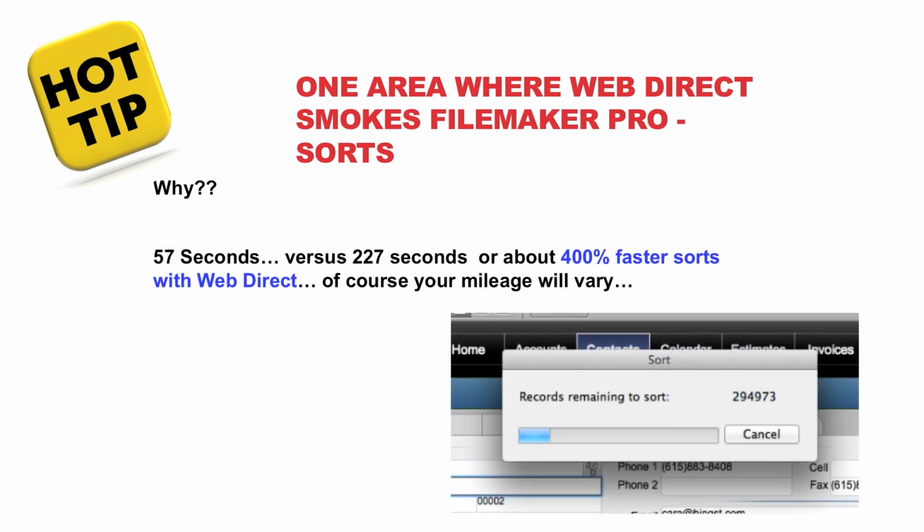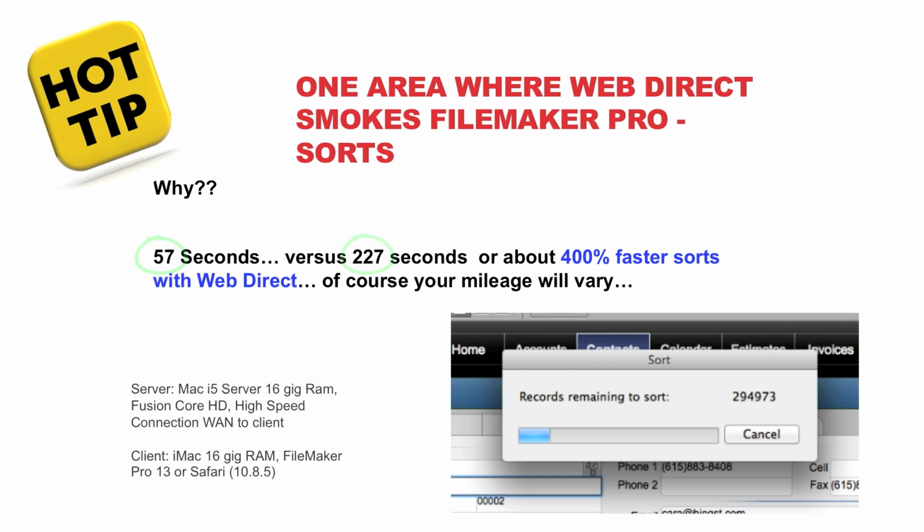So as you can see from this test, we had about 350,000 records, and WebDirect performed the sort in about 57 seconds, as opposed to 225 seconds in FileMaker Pro. Now we have the machine information down below if you're interested, but that makes FileMaker Pro sorts about 400% slower than WebDirect. So that's one area where WebDirect is actually much, much faster.